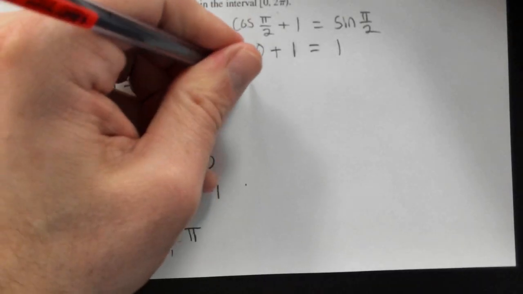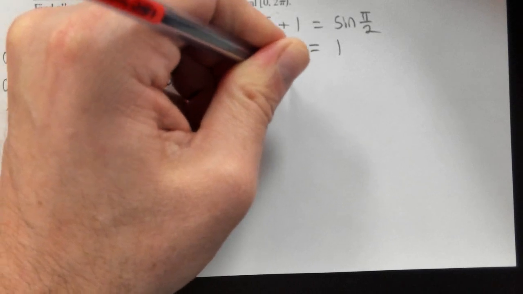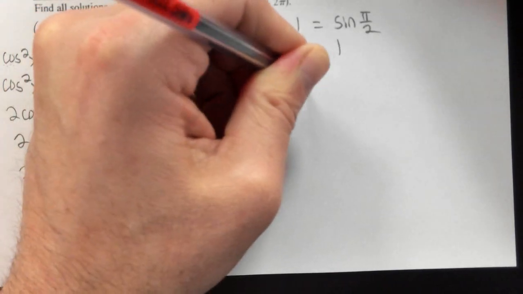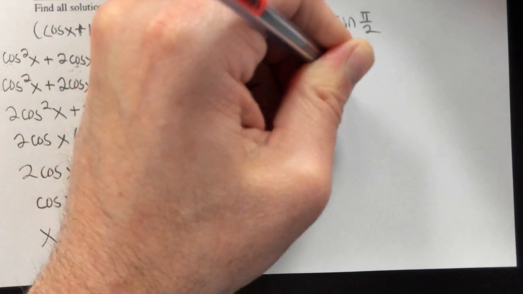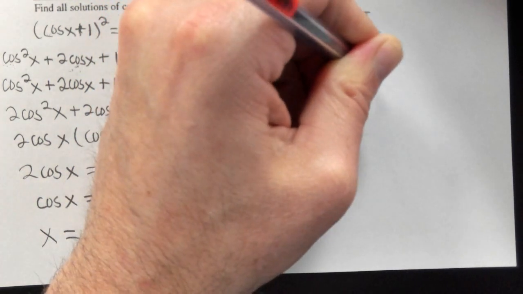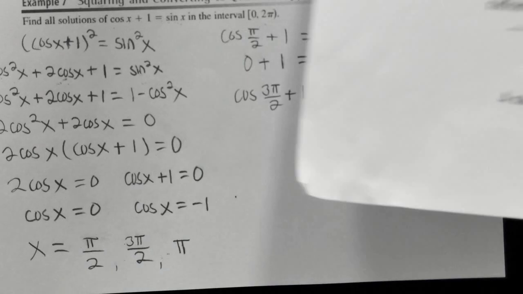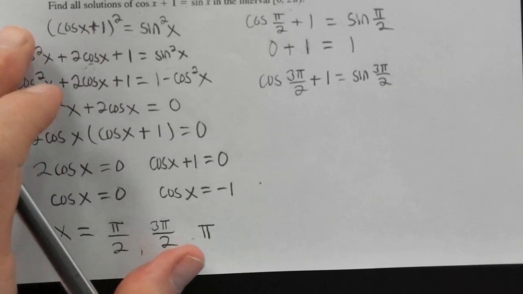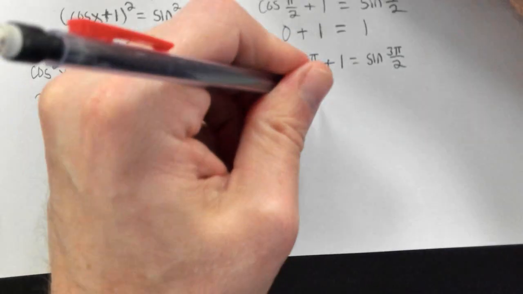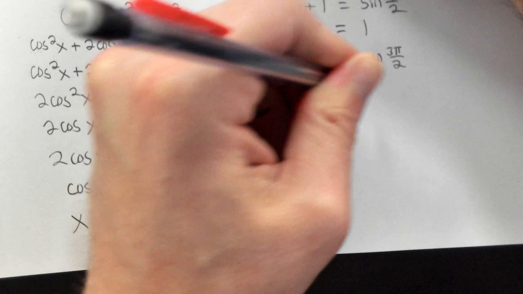The next one we want to check is 3 pi over 2. So we'll check the cosine of 3 pi over 2 plus 1 equals the sine of 3 pi over 2. The cosine of 3 pi over 2 is 0. 0 plus 1.